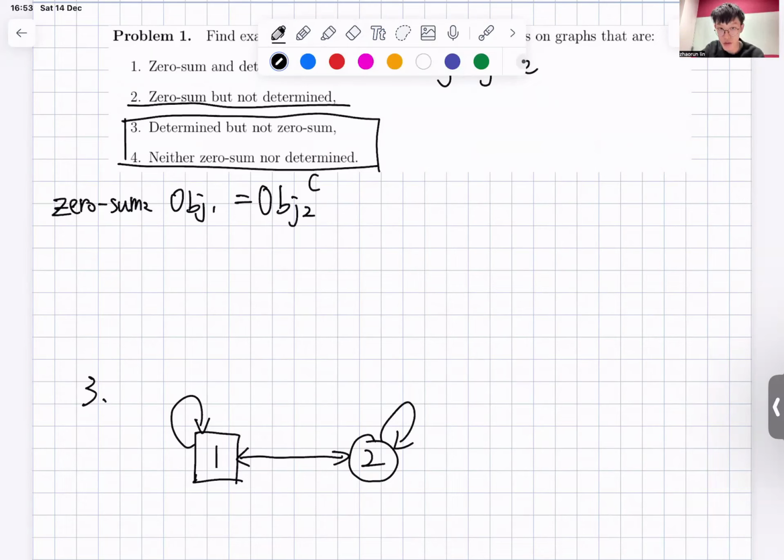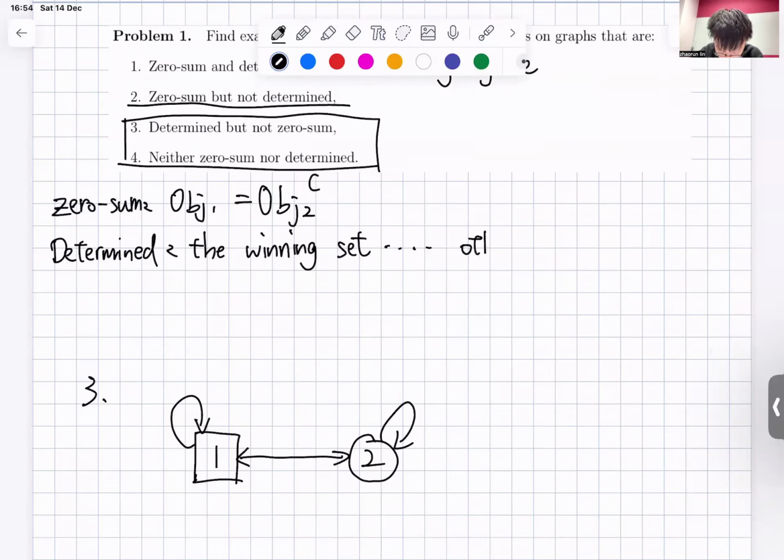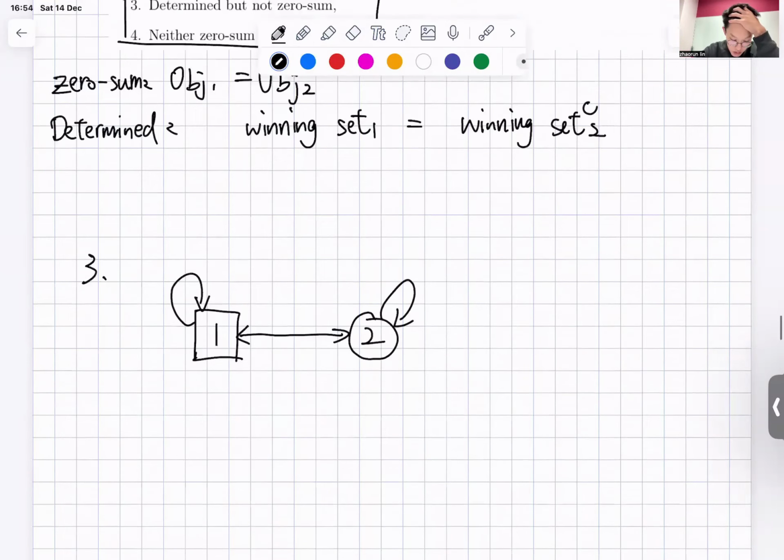It means the objective of one player is the complement of the other player's. And determined means that the winning set is the complement of the other player's winning set. Yeah, so this is the definition.